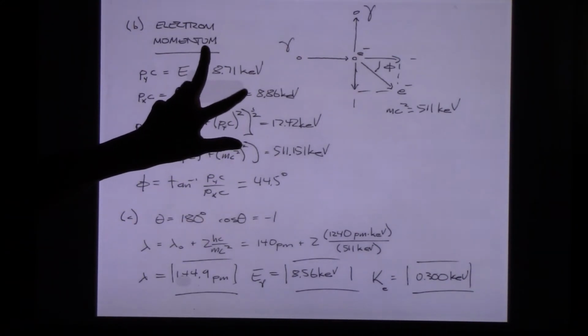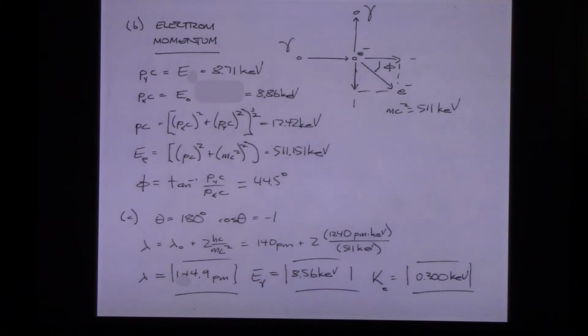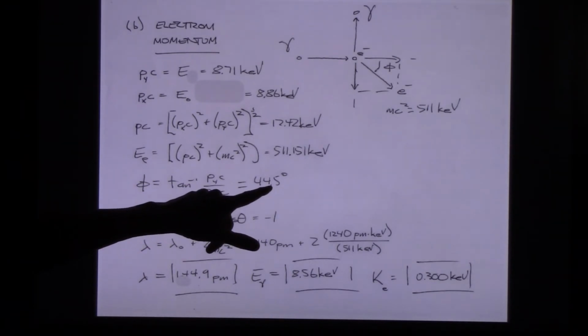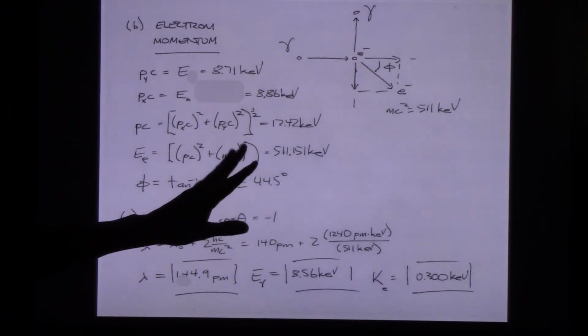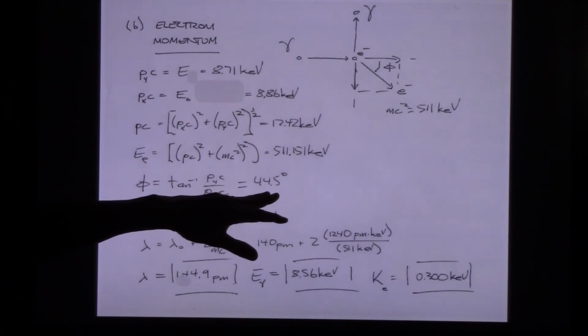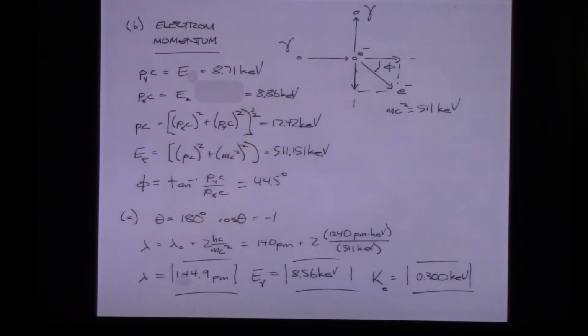These two components of momentum were pretty similar to each other, and so when I take the inverse tangent, I'm getting something very close to 45 degrees, not quite. The x component was a little bit larger. The electron is coming away from the reaction at 44.5 degrees.